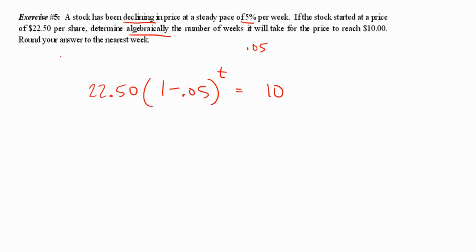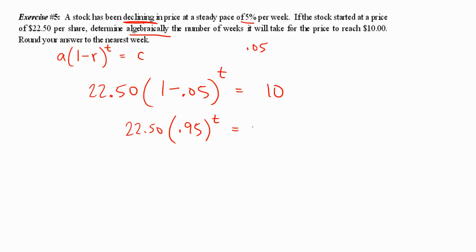So remember, this formula is the initial amount times 1 minus the rate, and that will equal the future amount. So I know it's minus because it says declining. Now to solve this equation, I could first do 1 minus 0.05, which is 0.95, to the t.